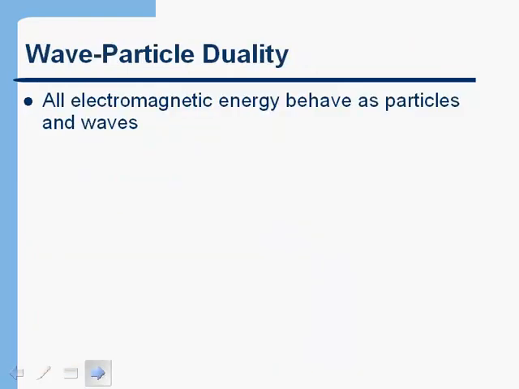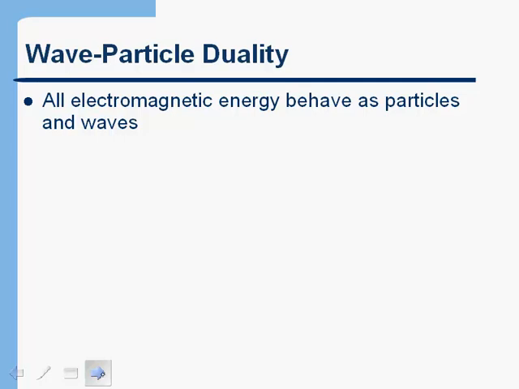One of the things that's mentioned in the book is this wave-particle duality. You'll notice we've talked about electromagnetic energy in two ways. We've said that it travels in waves, but we've also said that it's made up of these particles, or pseudo-particles. They're really just bundles of energy called photons.